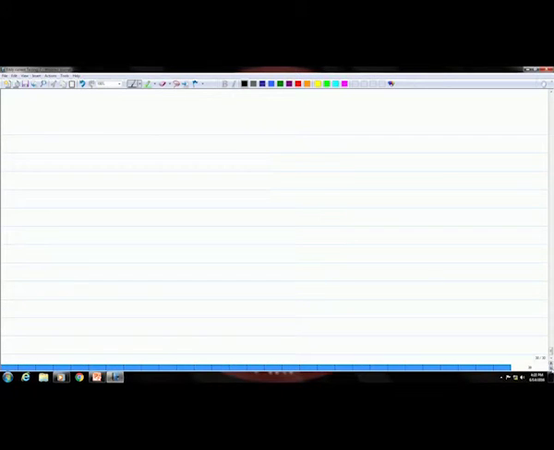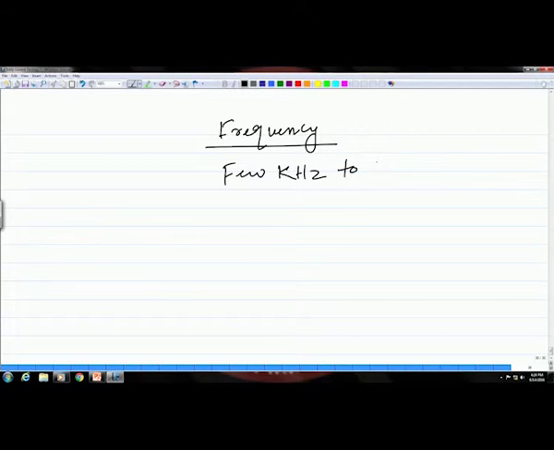Now, the other important parameter in eddy current testing is the frequency. The range of frequency, as I would have said before also, is from a few kilohertz to 5 megahertz. That is the generally used frequency range for eddy current testing.